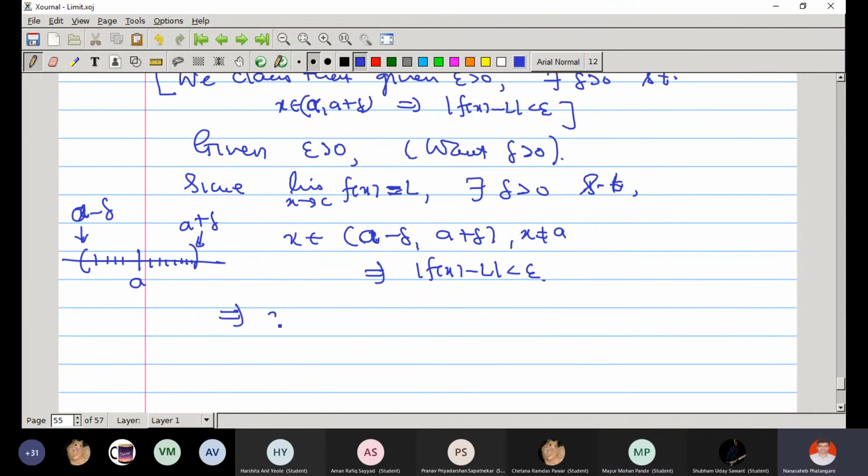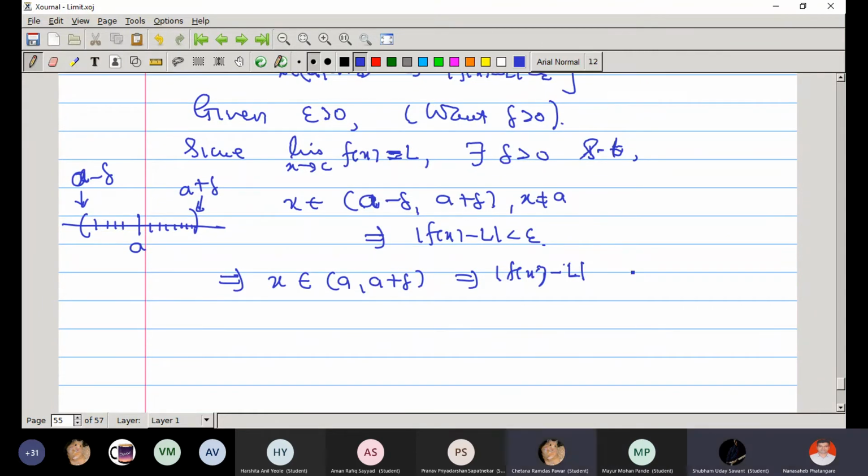Now, can I say that if x belongs to (a, a plus delta), then |f(x) minus L| is less than epsilon? Yes, because it is part of this big interval (a minus delta, a plus delta). For the half part, certainly it is true.